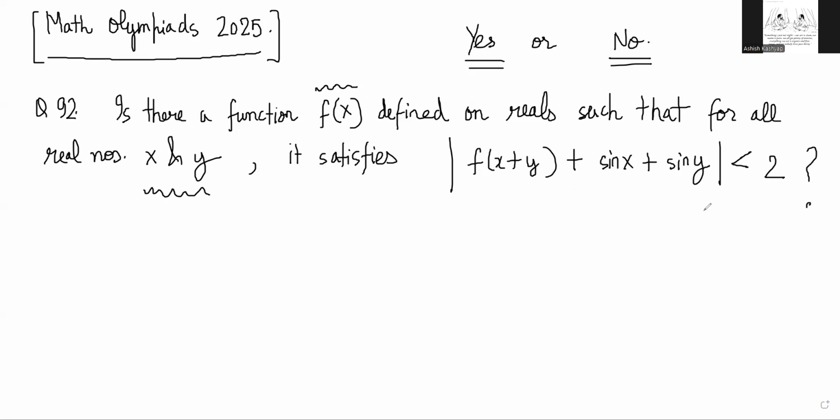If it is a yes or no question, we can assume some answer. What will be better to assume? Yes. Because with no you have to prove why it doesn't exist, showing it is never valid for all cases, whereas with yes, proving one condition is enough. So you should assume yes, there is a function like this.